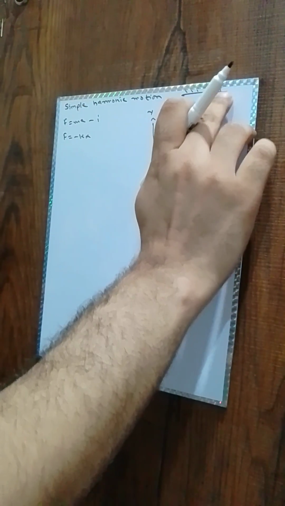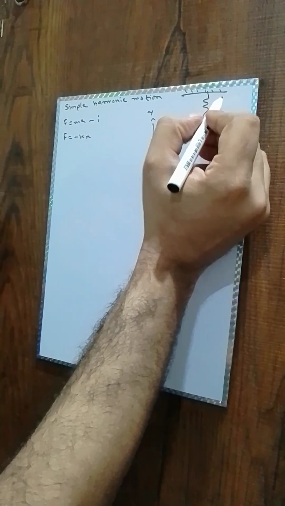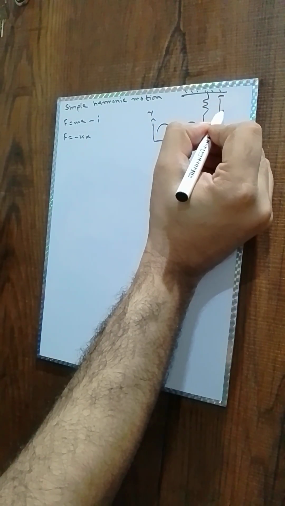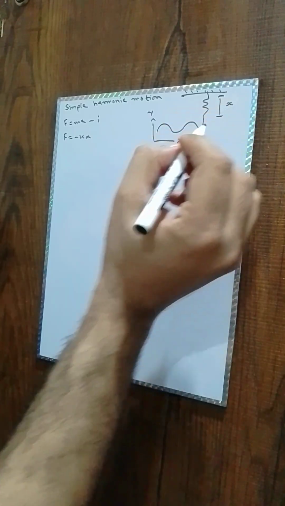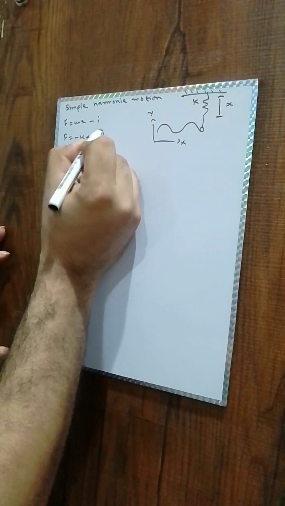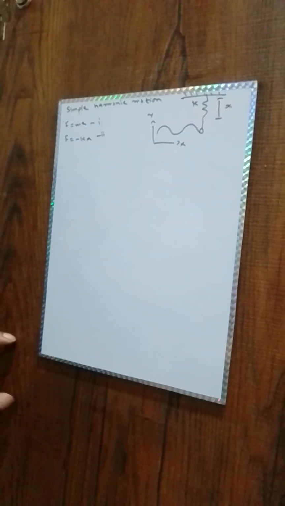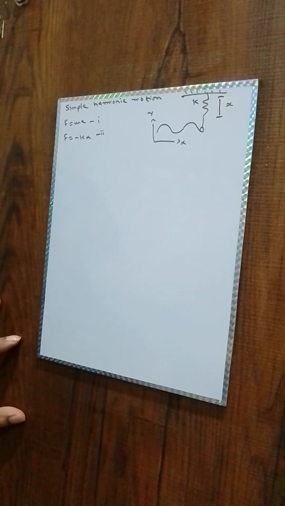Well, actually this varies, but in general this is vertical. X, spring constant K. So minus kx is the force in the mass spring system.